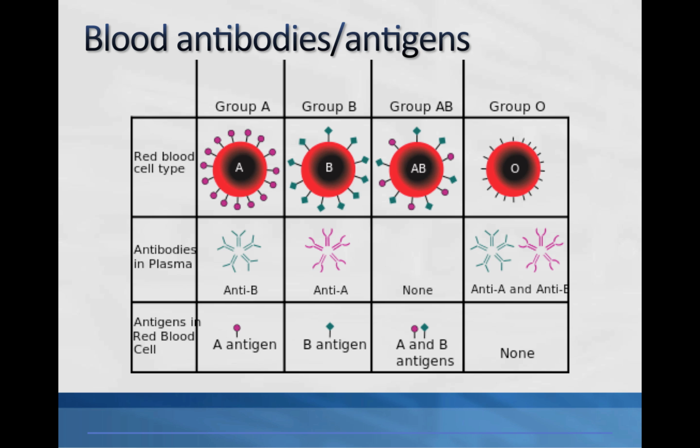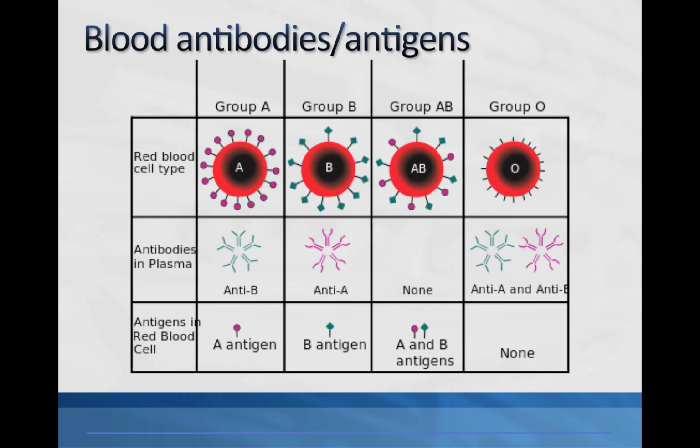AB blood has both antigens and no antibodies. This is the universal recipient because there are no antibodies to attack any of the blood that's given to it. O blood has really no antigens on its surface. It's showing you those little markers. There are markers on every blood cell, but those are not antigens in this case.